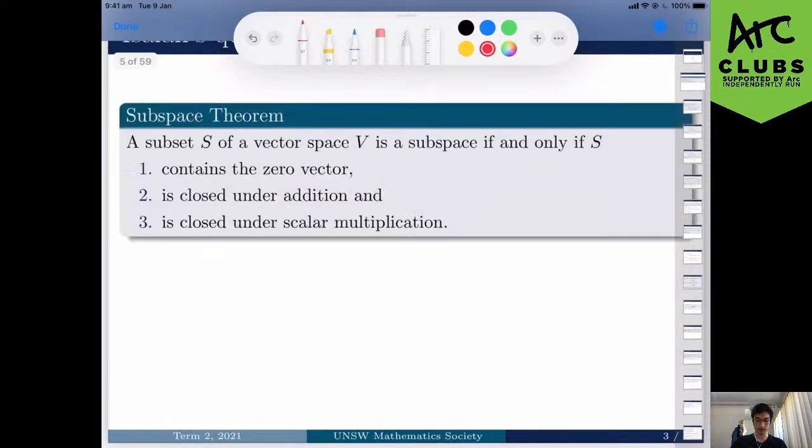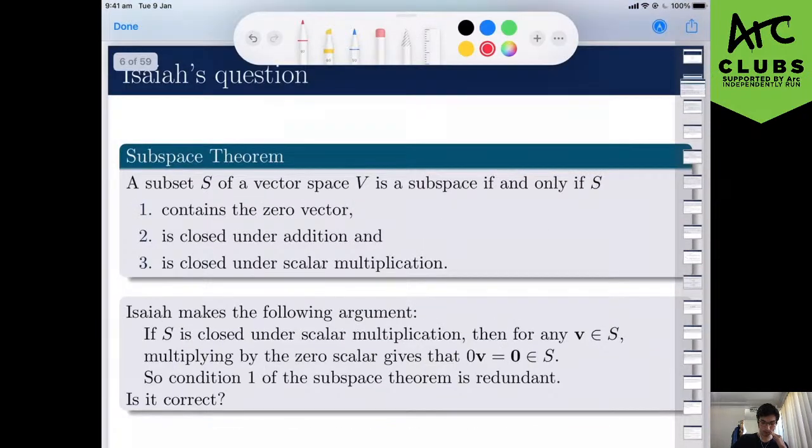Nice. Okay, on subspaces, that's the subspace theorem. I think this is the only time that I actually explicitly put a theorem in the slides. The reason I put it in the slides is because I have a random thought about subspaces. Isaiah makes the following argument about the subspace theorem. We're considering a subspace that matches point 3: it's closed under scalar multiplication.